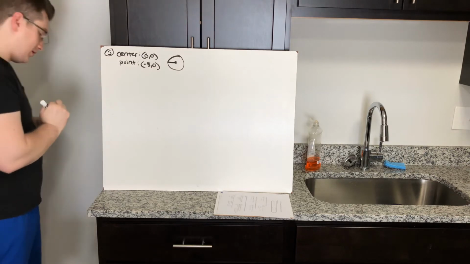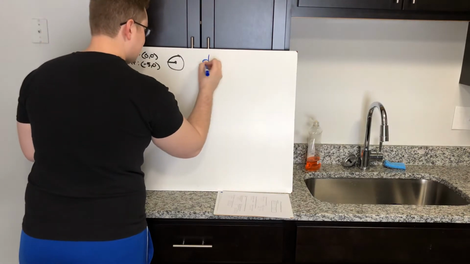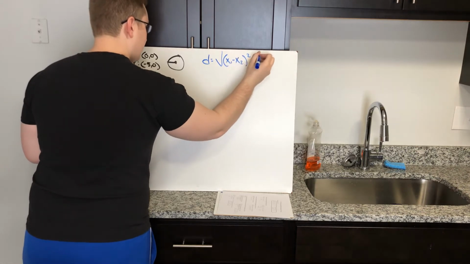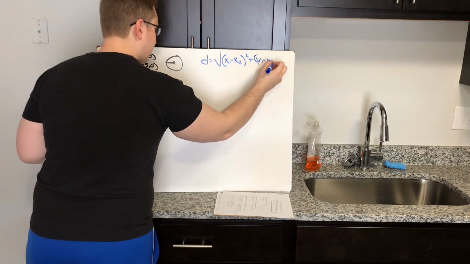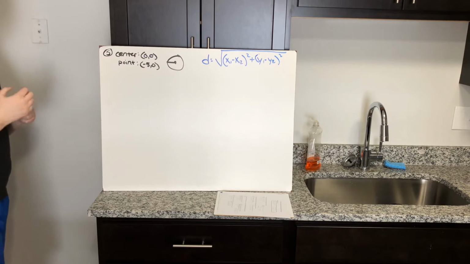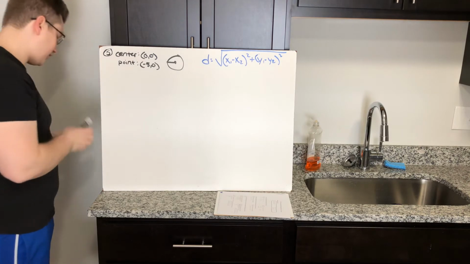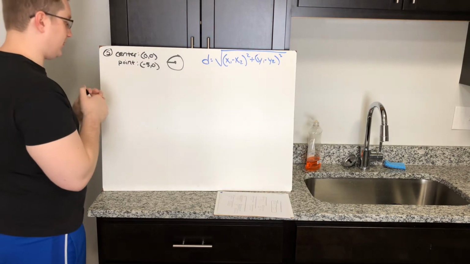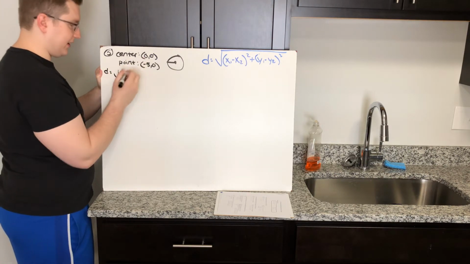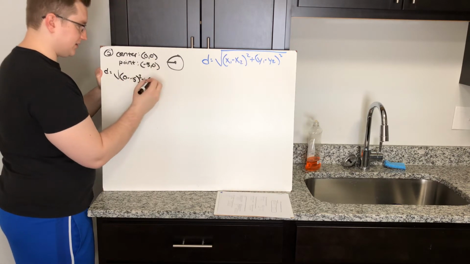So, if you remember our good friend the distance formula. The distance is the square root of (x1 minus x2) squared plus (y1 minus y2) squared. Best formula ever. Well, second best. Maybe third. Pythagorean theorem is pretty cool. Quadratic formula is pretty cool as well. So, let's do this. Distance equals the square root of (0 minus -5) squared plus (0 minus 0) squared.